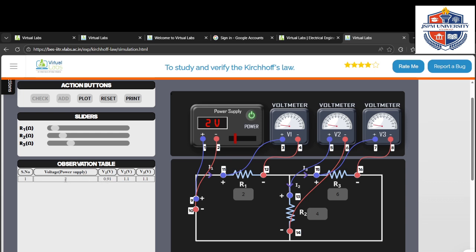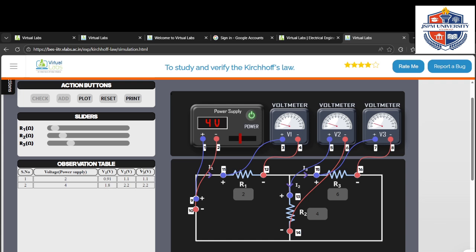Then now I am going to increase this voltage to 4 volt, and I do the same procedure, add to the tabulation. So now at 4 volt, here 1.8 and 2.2, the sum will be 4 volt, right?